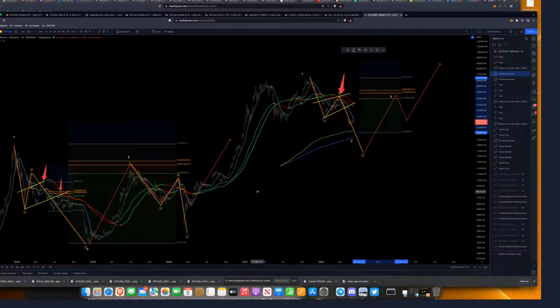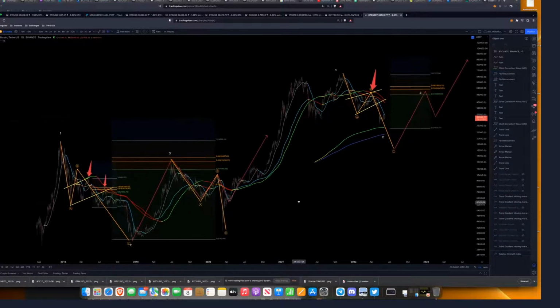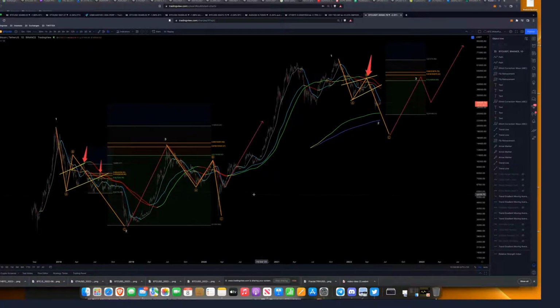So you can see the cycle coming into play. This here just went above the trend line and hit the 618 and the 200 moving average. If we're lucky to get that, we'll do the same.